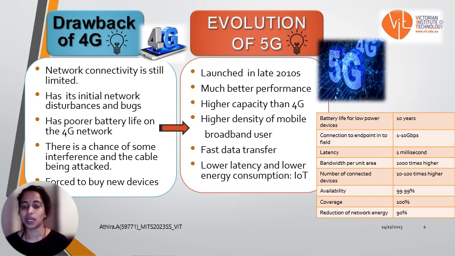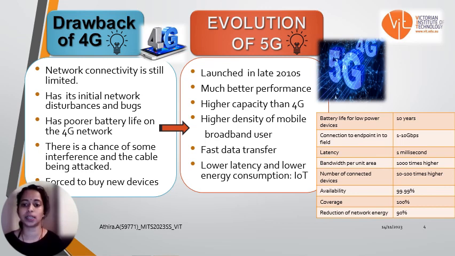There is a table on the right side, which is the guarantee of the 5G wireless network companies. For battery life, they are saying a 10-year guarantee. For connectivity to the endpoint in the field, they are saying 1 to 10 gigabytes. For latency, they are saying 1 millisecond, so it is super fast. And the bandwidth, they are saying, is 1000 times greater than the 4G wireless network.